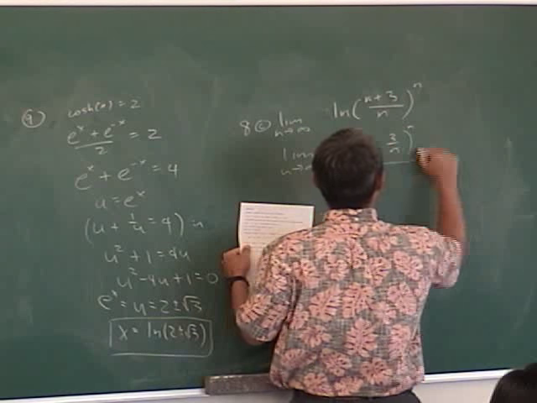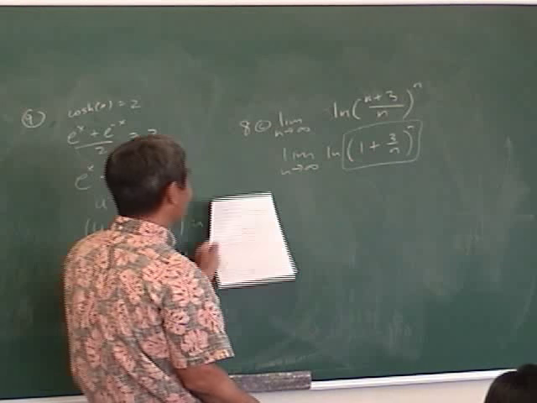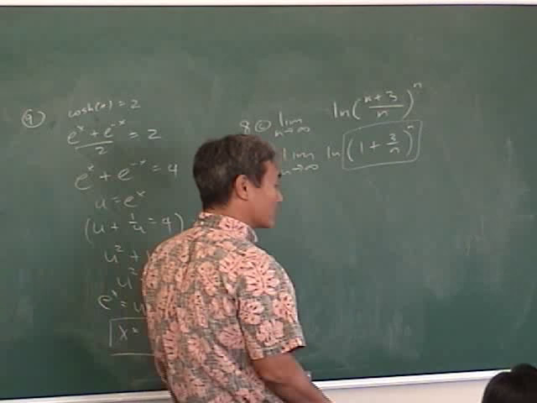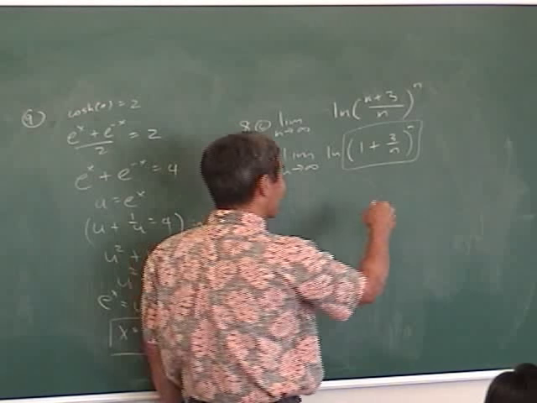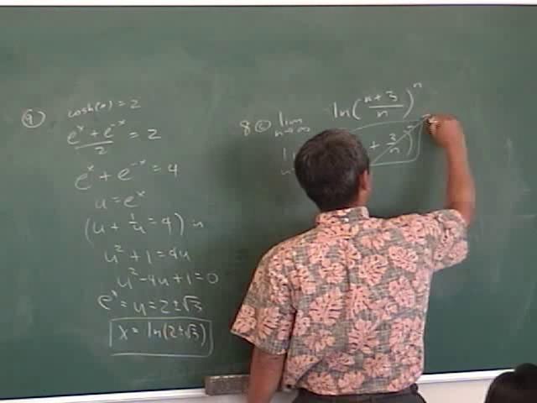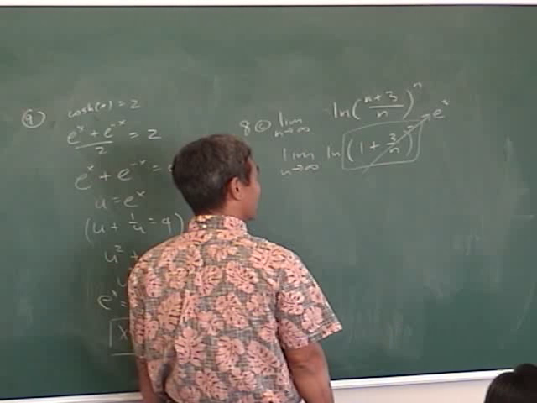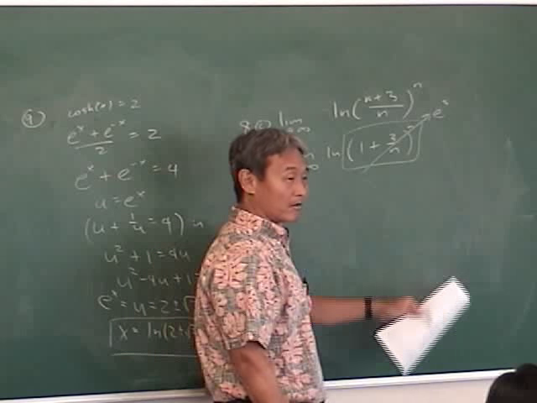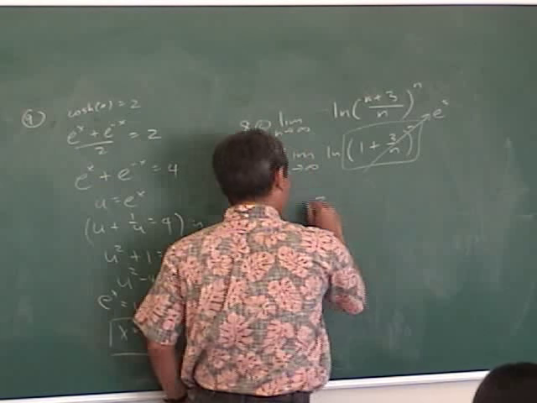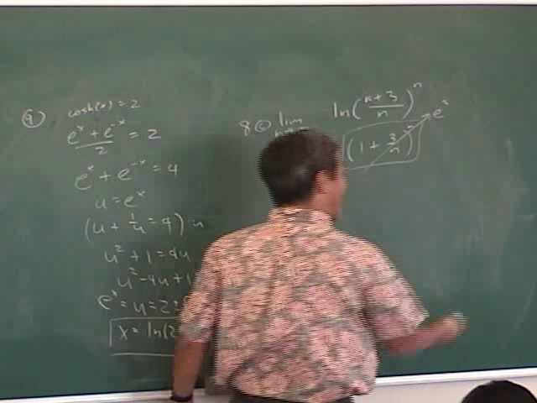This thing right there, I know you. 1 plus box over n to the n. If you take the limit as n approaches infinity, that gets closer to what? e to the third, right? e to the box. So this gets closer and closer to e to the third. That's the way we write it in mathematics. So what's the answer? What's natural log of e to the third power? 3. The natural log of e to the anything is that anything.